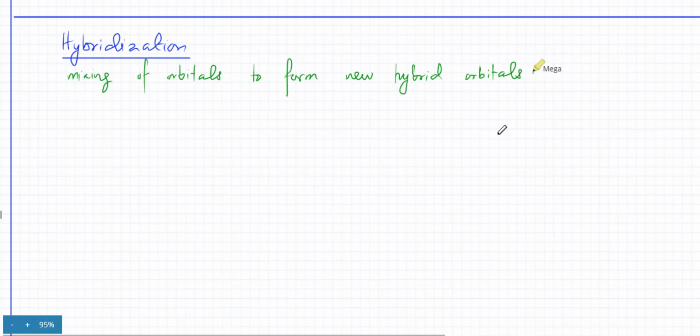In simple words, what it means is that orbitals change shape when they bond. So when they are bonding, they change shape.